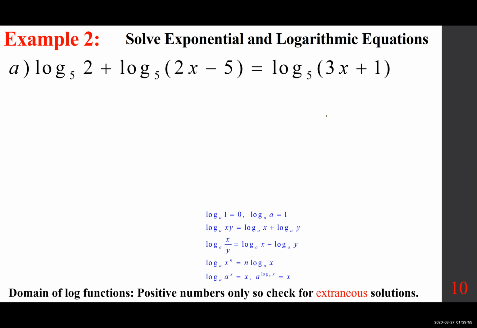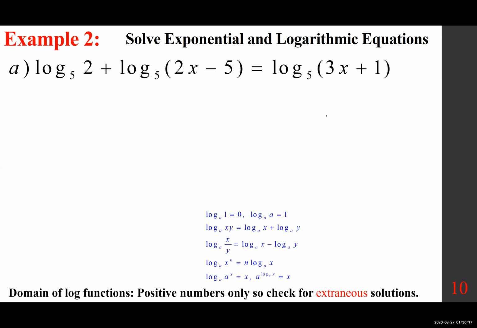All right. How do we approach logarithmic equations? There are two types. One of them is that we have log and nothing else, as you can see here. The other is that we have logs and numbers.